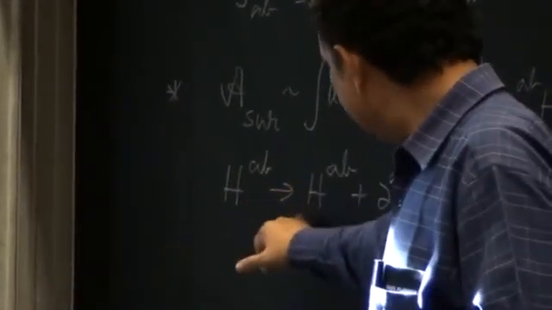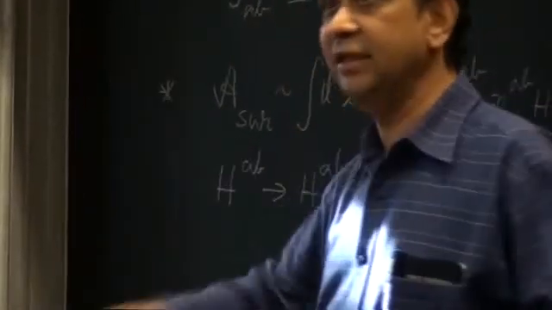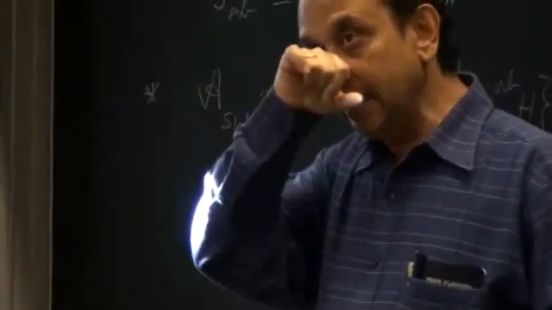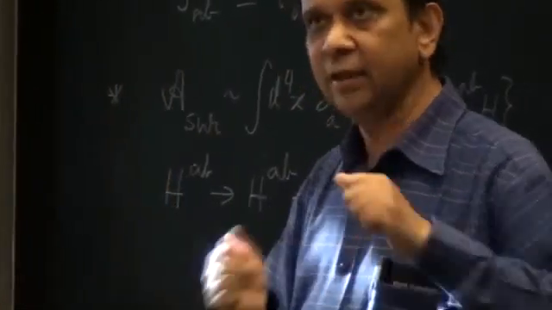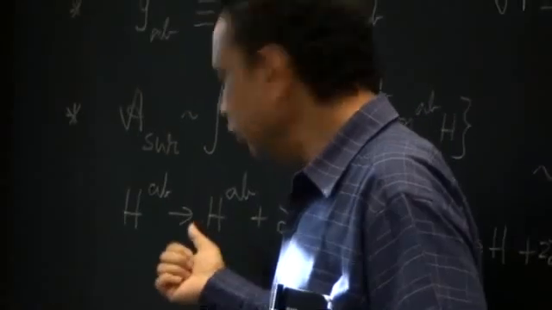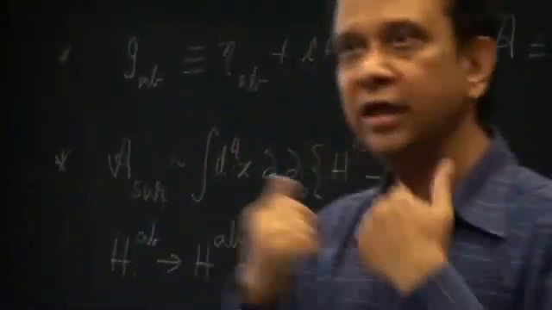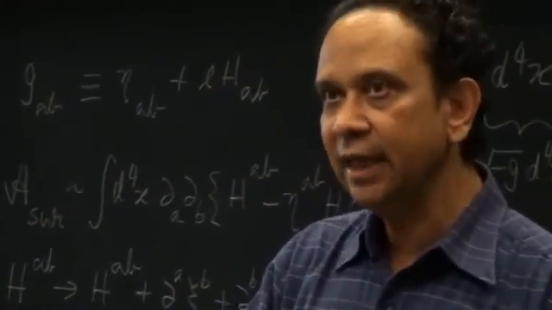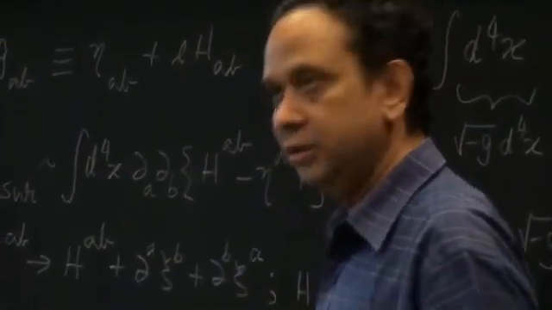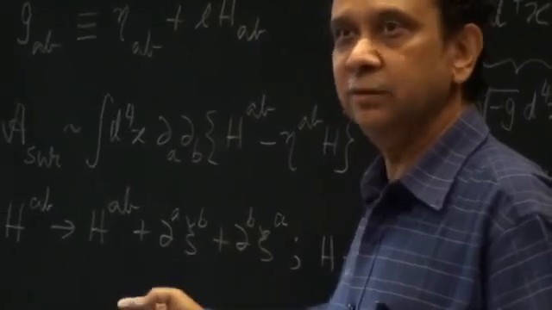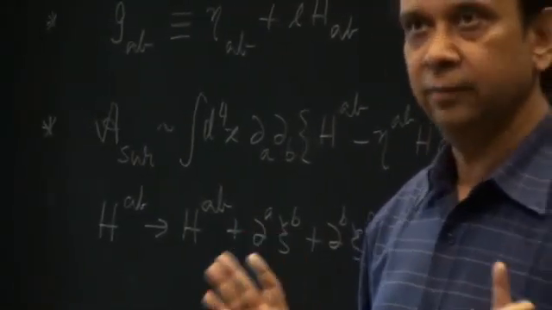So if I had added an η_ab here and an η_ab here and think of that as my metric, the part η_ab remains invariant and my spin 2 field changes like this. Therefore, the linearized coordinate transformations are the same as gauge transformations of the linear theory of a spin 2 field. Perfectly correct statement, nothing wrong.